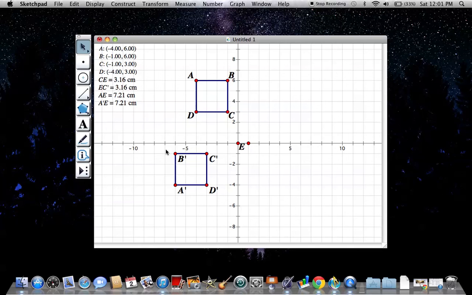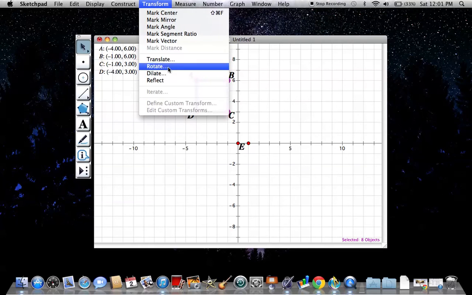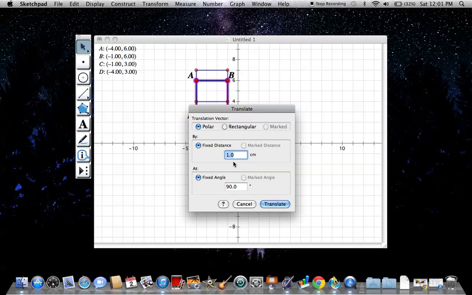Now, the last one, a translation. Let's delete that. A translation is basically just a slide in the same distance and direction. So if I wanted to, I'll take the figure here. Let's highlight all of it. Construct a translate.